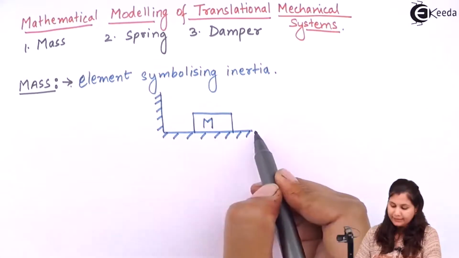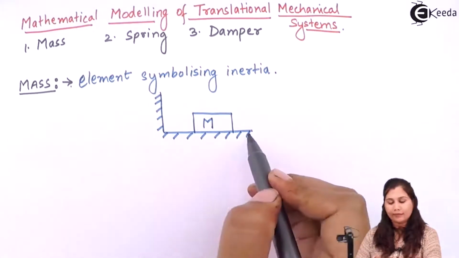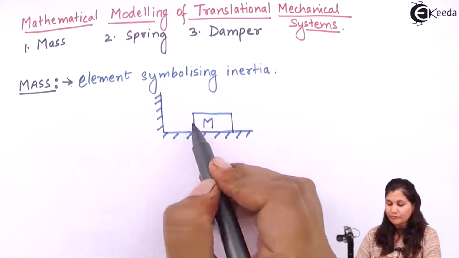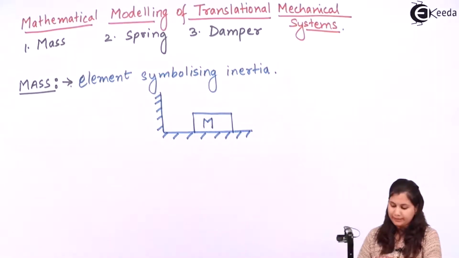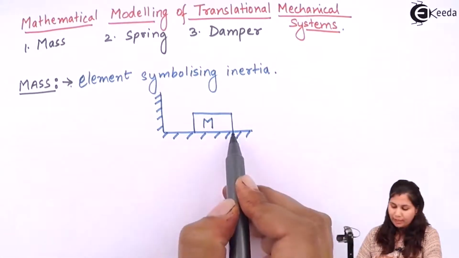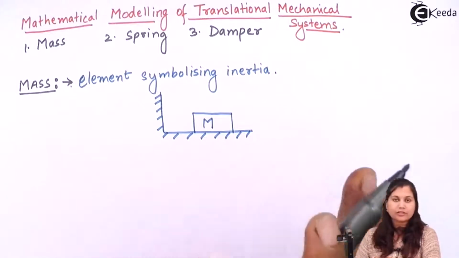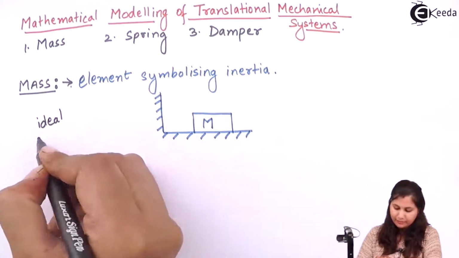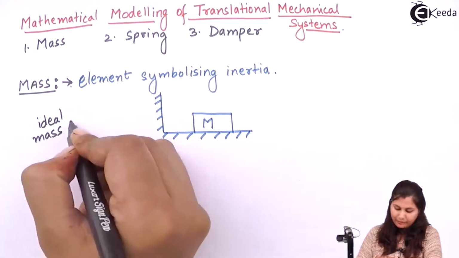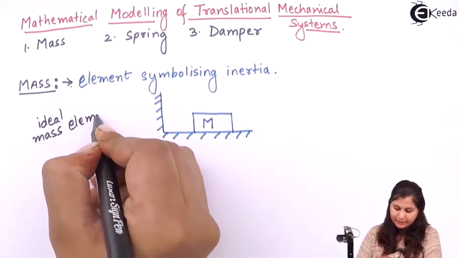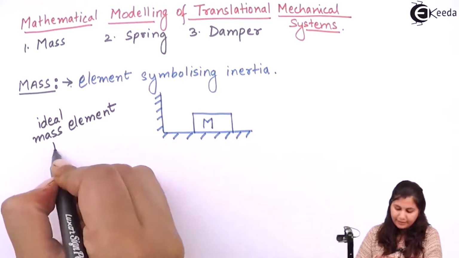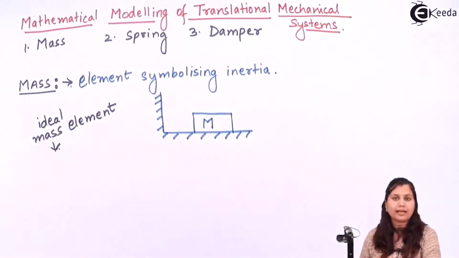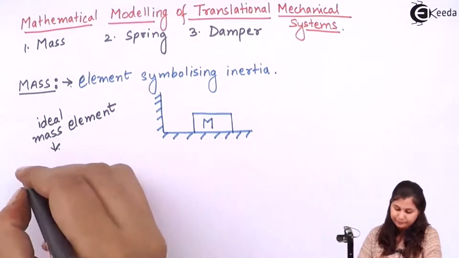This is a plane surface, and on this surface an object having a mass m is placed. Now let us first assume that this object is an ideal mass element. Ideal mass element means that it has negligible friction and elasticity.